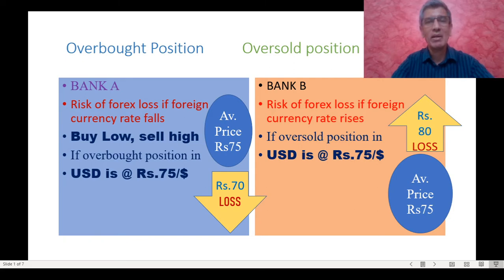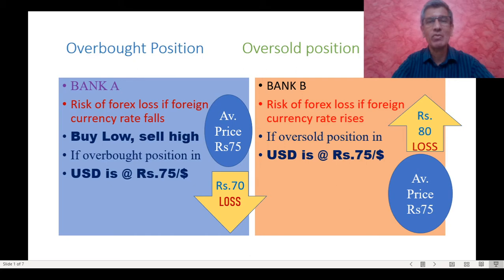We look at a scenario where bank A has an overbought position and bank B has an oversold position. Now bank A, which has an overbought position, is exposed to a risk if the currency rates fall subsequently, and therefore bank A would like to square its position with cover operations.